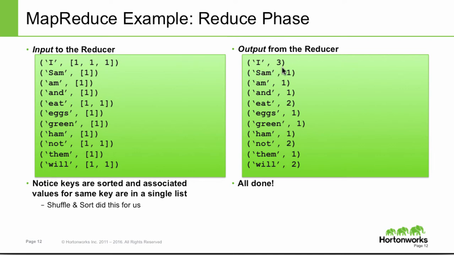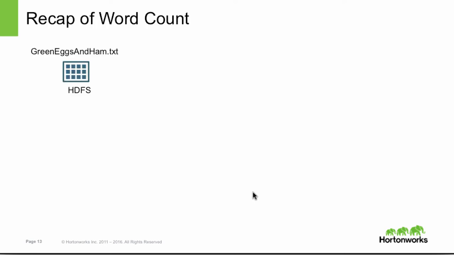So the output of this ends up being the final count for how many times the word I, Sam, and each one of these independent words appeared. Now this is a real small 2 rows. I wanted to make the numbers sync up, especially if you look at them a little later after the session's over, to make sure they really make a lot of sense.